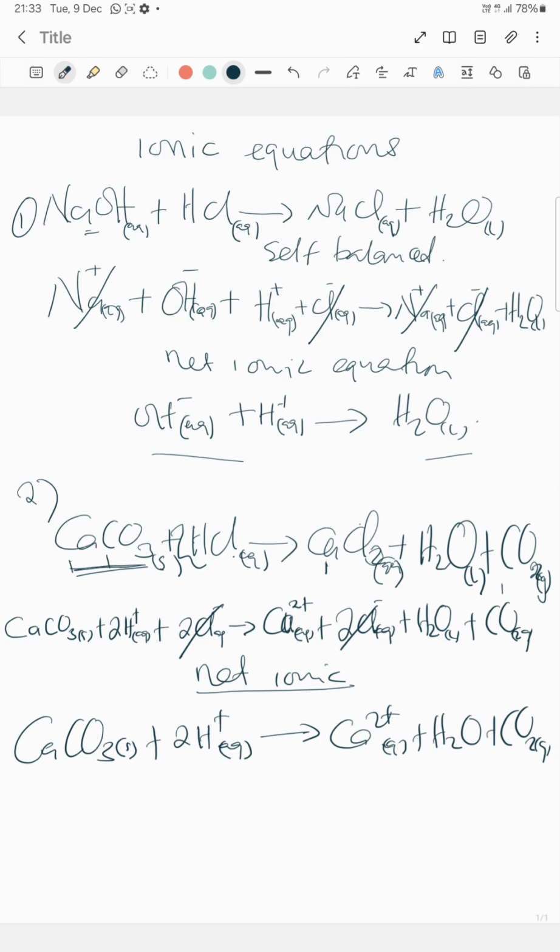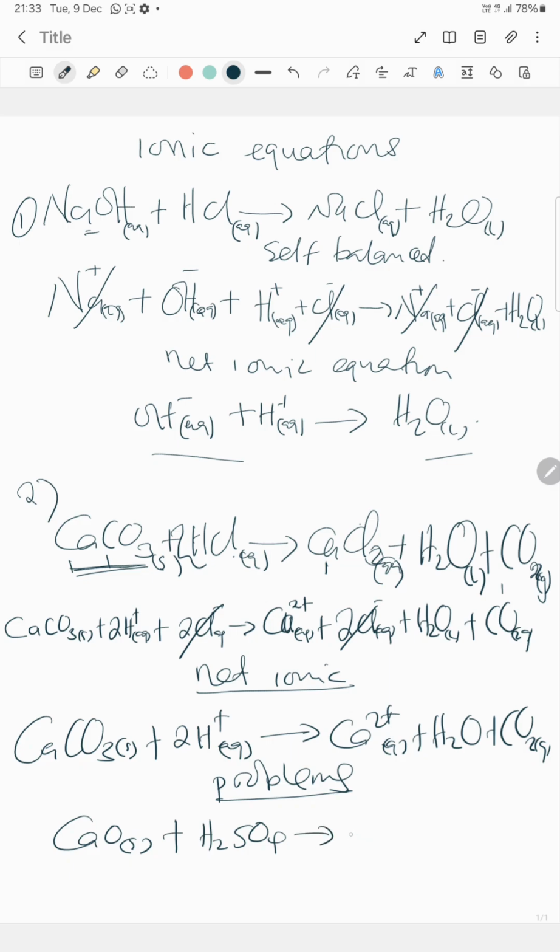Try out this problem, then send it to my inbox. Try this work: calcium oxide, solid, plus sulfuric acid, H2SO4.